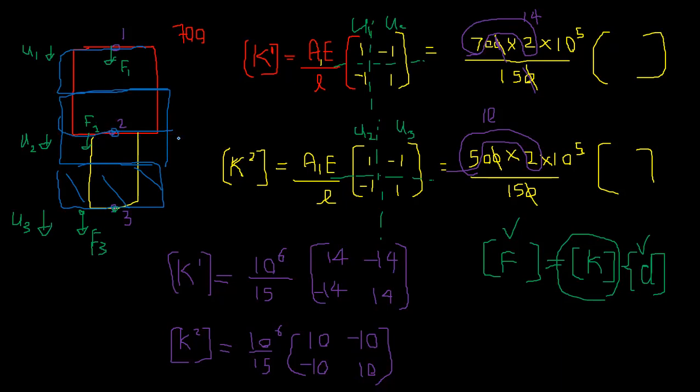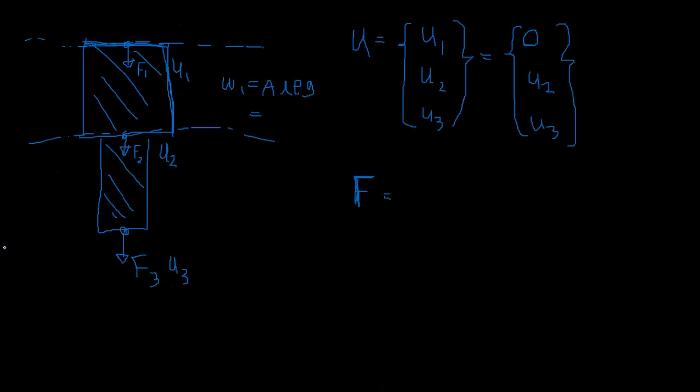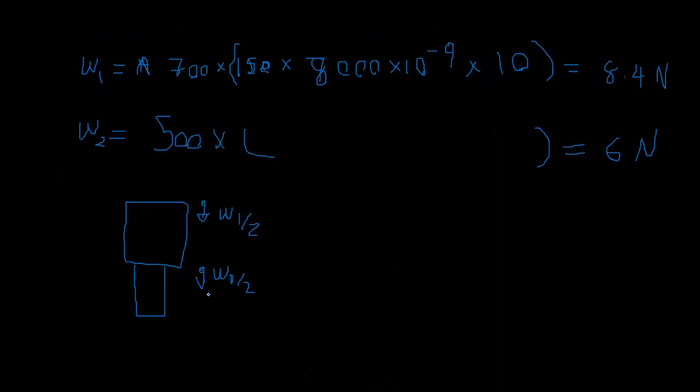And at F, you already have 1 kilonewton as well. So that means 1000 newtons, right? Okay. So that means you have, and here you have W2 over 2 and W. So the self weight is also acting downwards. And you have another 1 kilonewton, right?